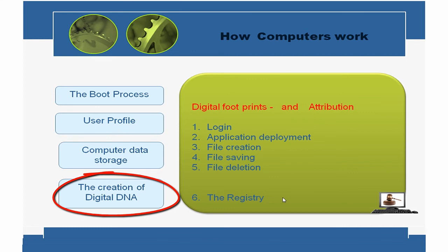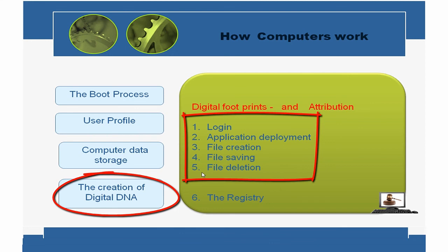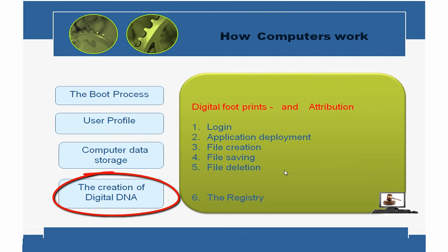Consequently, in terms of determining who did what, when, where, and how, the concept of attribution, the computer expert will examine all of the logs generated by the user activities identified from point 1 to point 5 and tie them to a user profile on the computer in order to determine whose digital DNA he is examining.